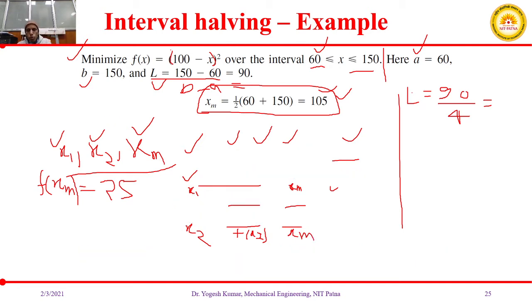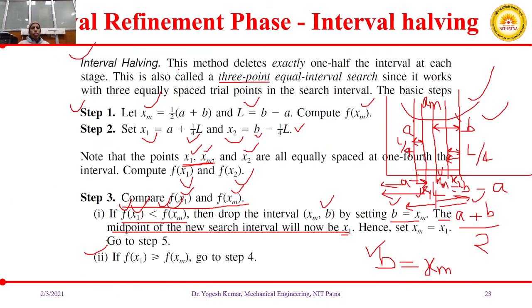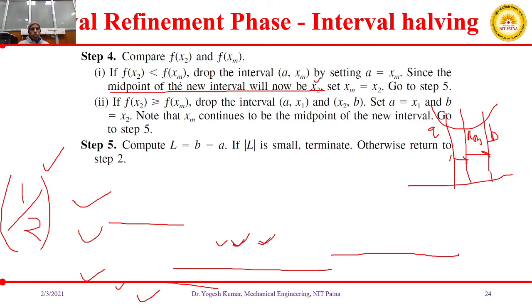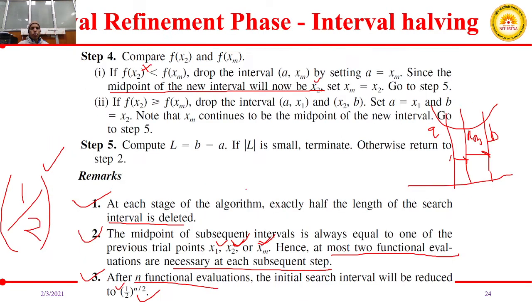Okay, so go to your algorithm, what is your algorithm saying? This condition is not satisfied, this condition is satisfied: f(x1) is greater than f(xm). So we need to go to step 4, and in this step 4, again this condition is not satisfied: f(x2) is less than or equal to f(xm), because your f(x2) is greater than f(xm).